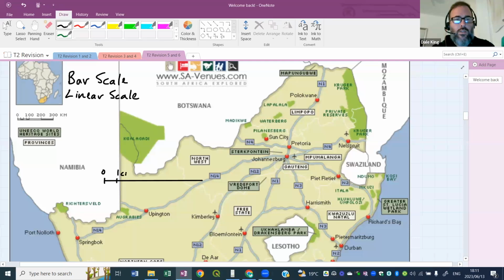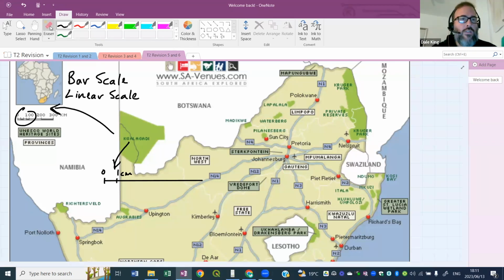I'll even write the units there. So you measure this on a ruler, that 1 centimeter matches the first 0 to 100 marker on your bar scale. What that means is this 1 centimeter represents this 0 to 100.